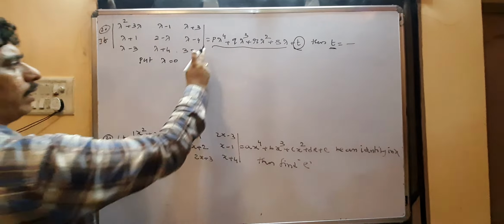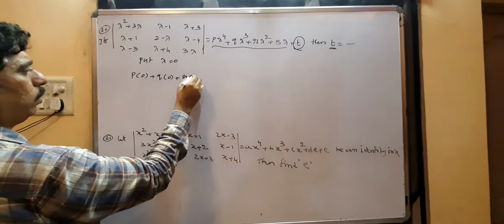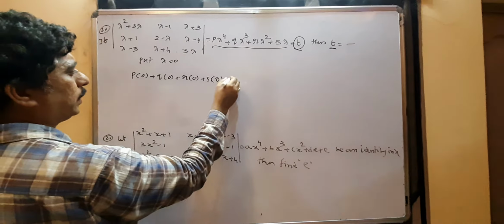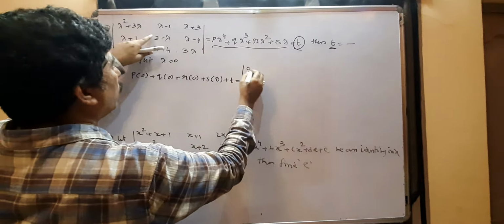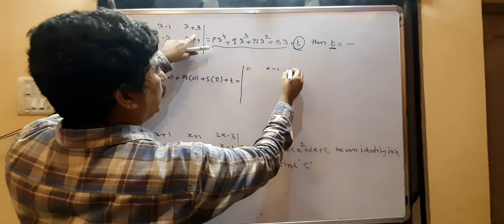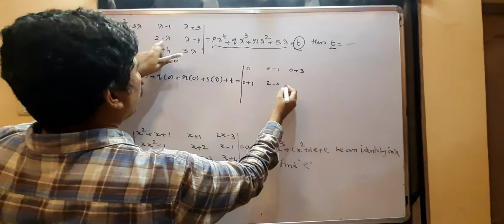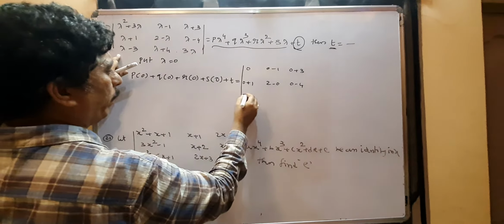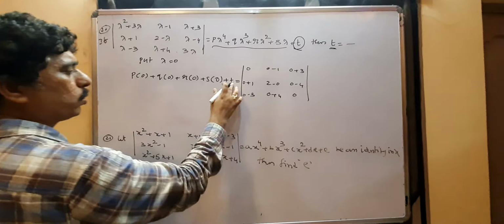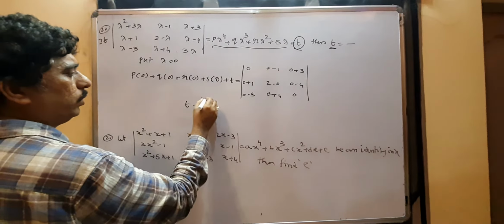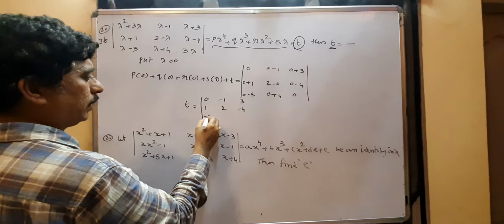Then the right side is p into 0 plus q into 0 plus r into 0 plus s into 0 plus t, equal to the determinant with 0, 0 minus 1, 0 plus 3, 0 plus 1, 2 minus 0, 0 minus 4, 0 minus 3, 0 plus 4, 0. So finally t equal to the determinant 0, minus 1, 3; 1, 2, minus 4; minus 3, 4, 0.